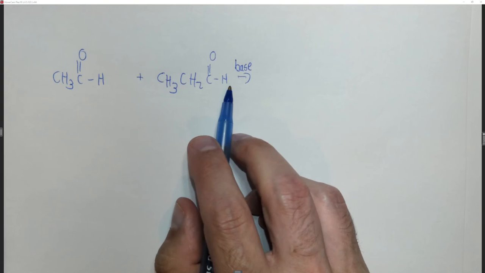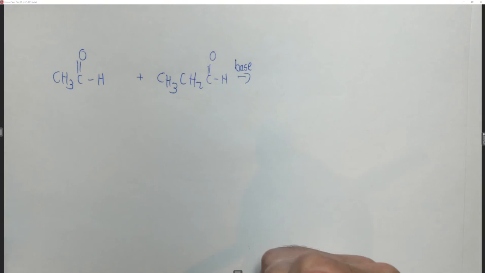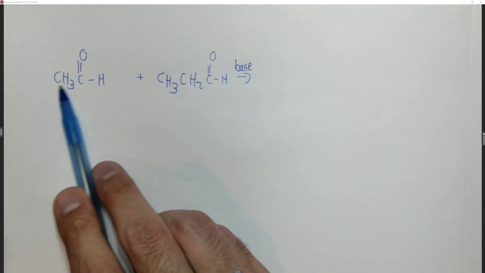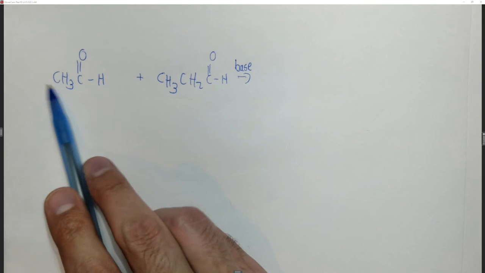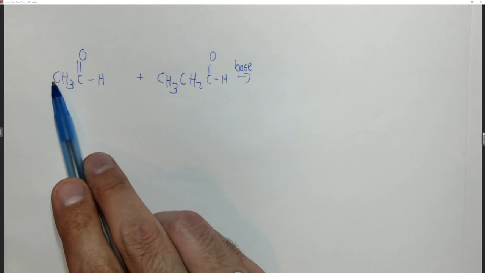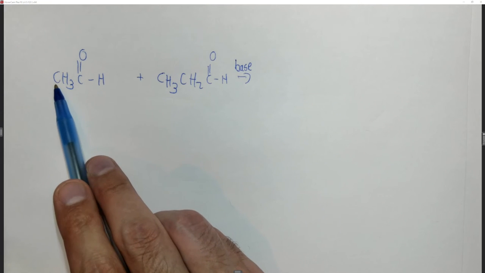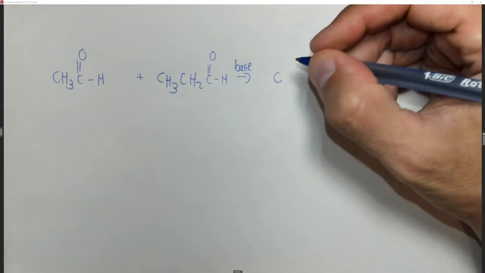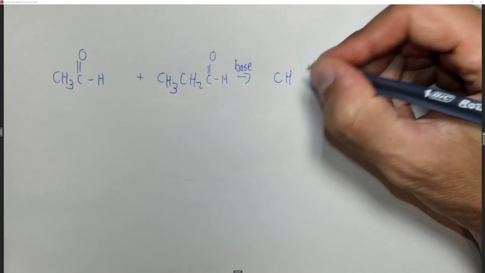Some relatively weak base in relatively small quantities. So let's look at this carbon being the alpha carbon and losing a proton. Now remember that we're going to also show the dehydration. So we want to show this with 2 hydrogens being lost. So it goes from CH3 to CH.